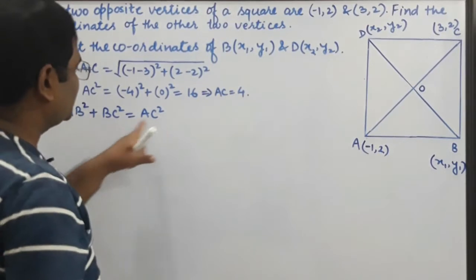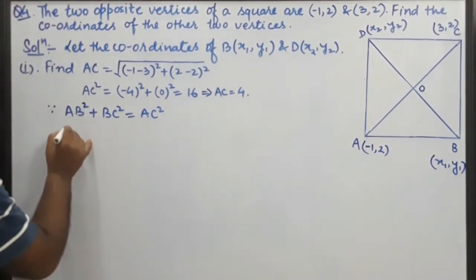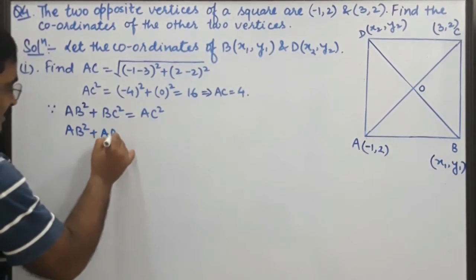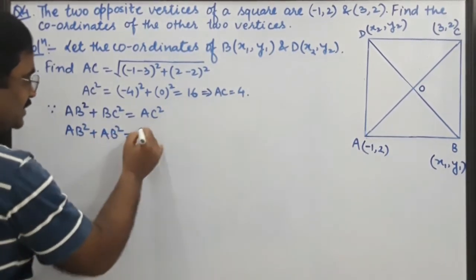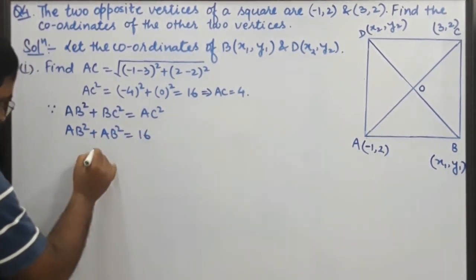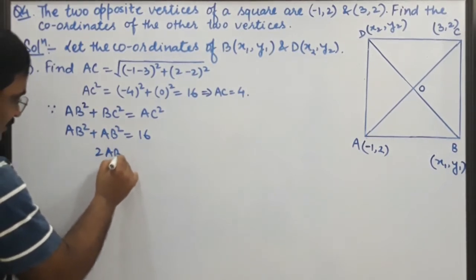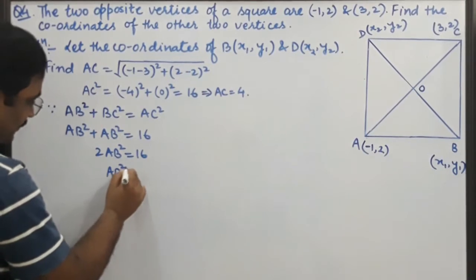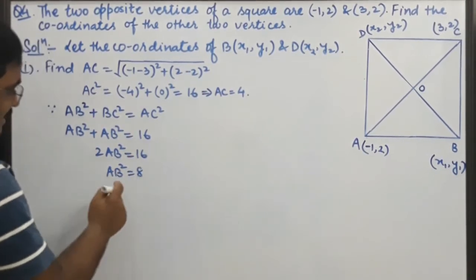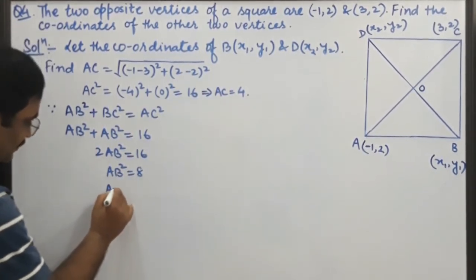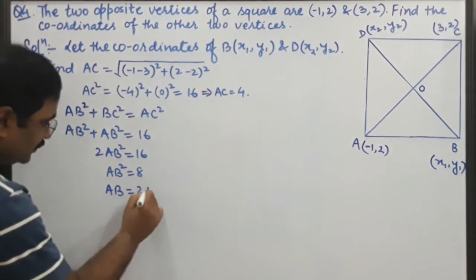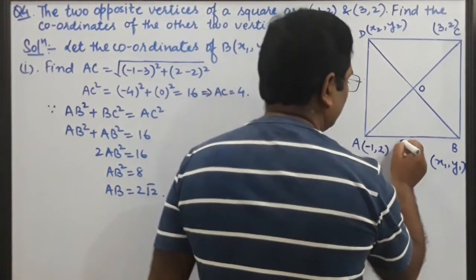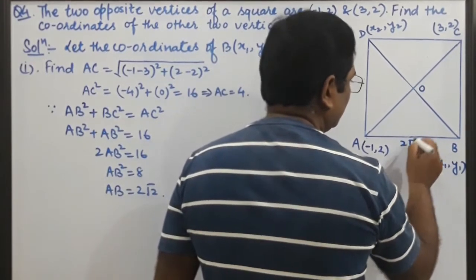Now AB and BC are both equal, so it can be written as AB square plus AB square equals AC square, which is 16. Therefore 2 AB square equals 16, so AB square equals 8. Therefore AB equals 2 under root 2, which means the measure of all the sides of this square is 2 root 2.